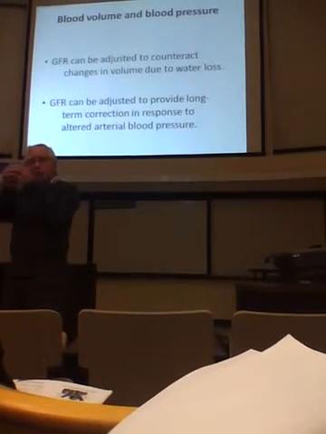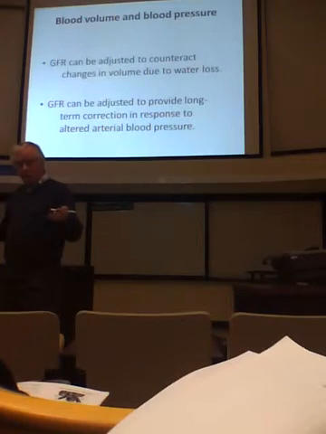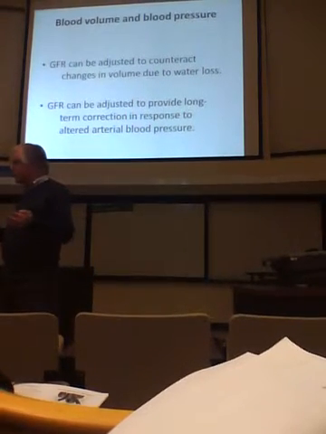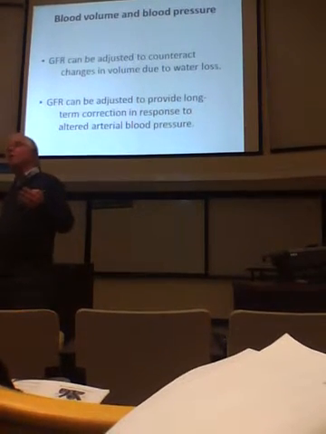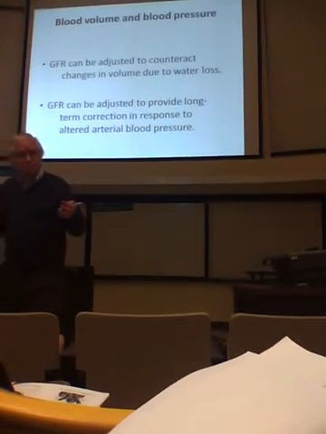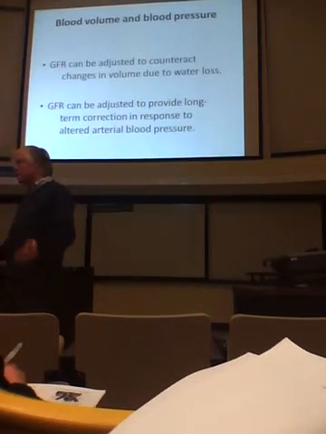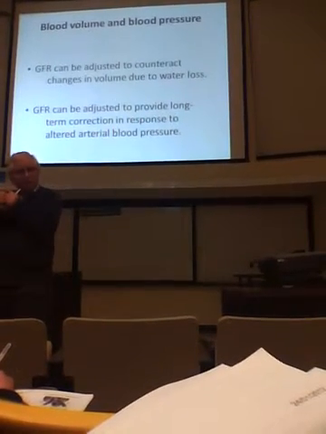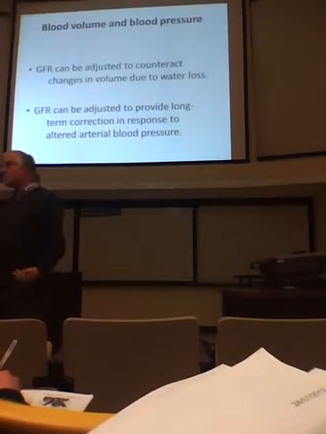It acts locally, apparently, on the afferent and efferent arterioles, but it actually is released into the whole circulation. So if you release this renin into the whole circulation, it's going to produce angiotensin in the whole circulation. If you produce angiotensin in the whole circulation, you'll get a systemic contraction of the vessels and an increased systemic blood pressure.